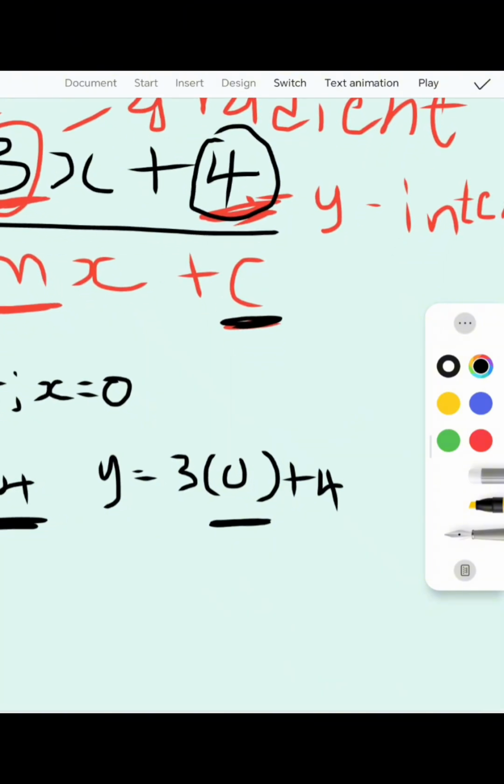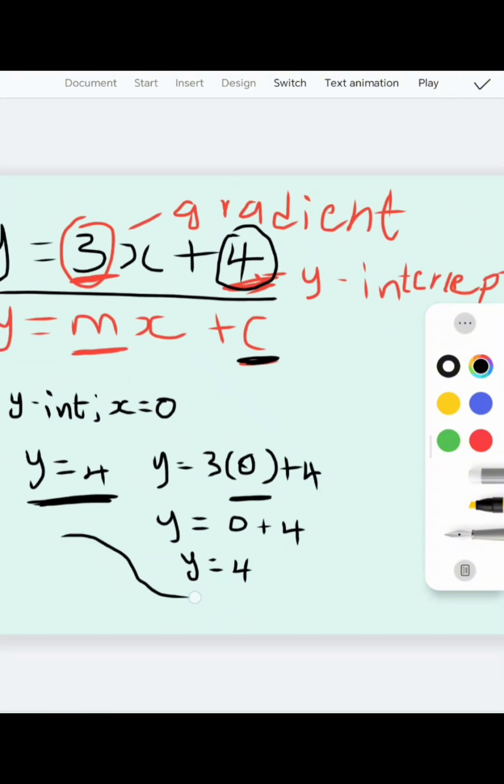When I press my calculator, 3 multiplied by 0, or any number multiplied by 0, is going to give you 0. So it's going to be 0 plus 4. 4 remains. So 0 plus 4, simply 4. This is how they got the y-intercept, guys. Simply understand this.